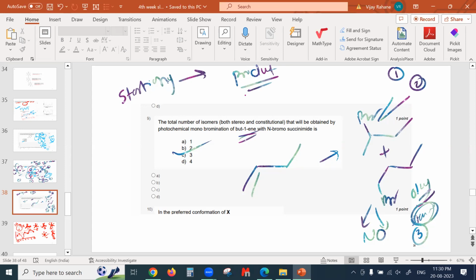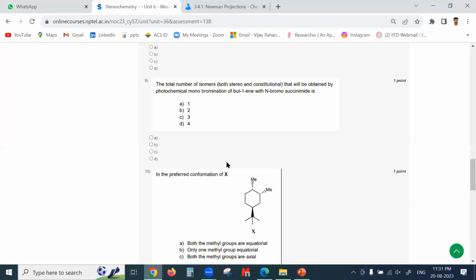So you convert into product, and if a number of products are possible, you can draw them, and now independently look at each product to see whether stereoisomers are possible or not. So first you have to check the constitutional products, and then the stereochemical ones. This kind of question you can generally see in many examinations. You can solve this question in this way.